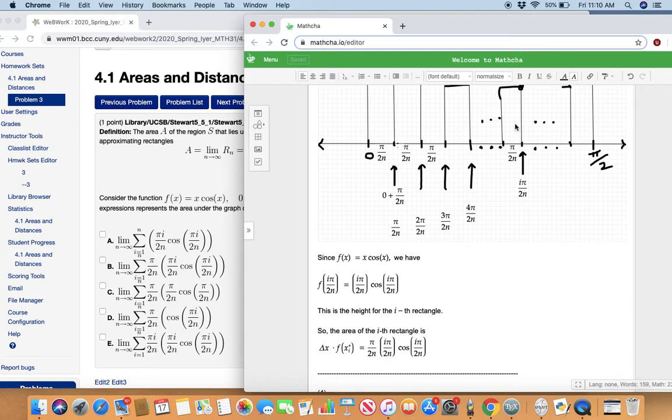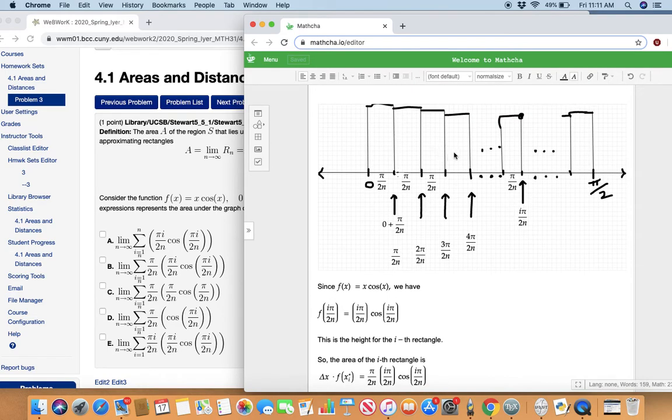Once I know that, I'm looking for this expression. What is this summation? Summation means you add the area of the first rectangle, add the area of the second, add the area of the third, and so on. Add all the areas. That's what this summation means. Why am I taking the limit?